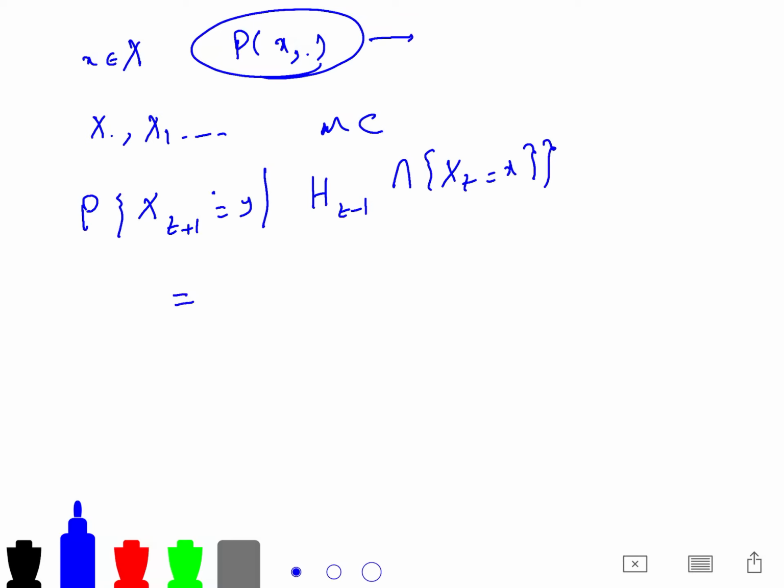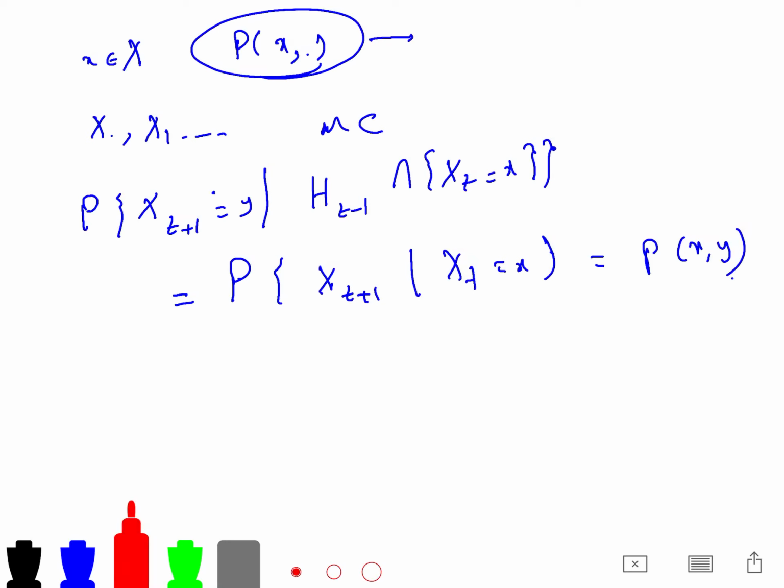I use the same notation as is written in the book on Markov chains of Yuval Peres. So this is equal to the probability of X_{t+1} conditioned on X_t, and we usually say it is P_xy. It has the Markov property.